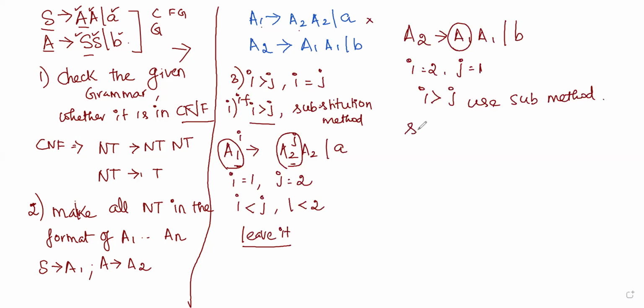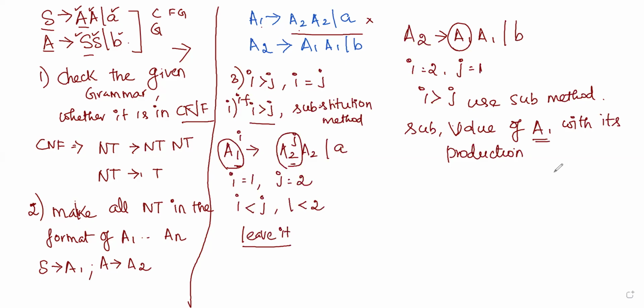Just substitute the value where the problem occurs, in A1, the value of A1 with its production. So what is the production of A1? A1 gives A2 A2, and it also gives A.